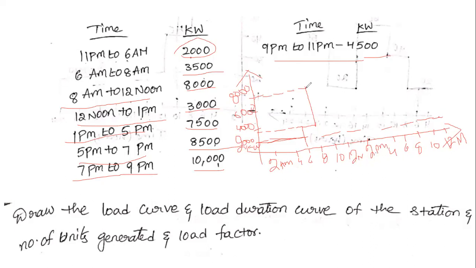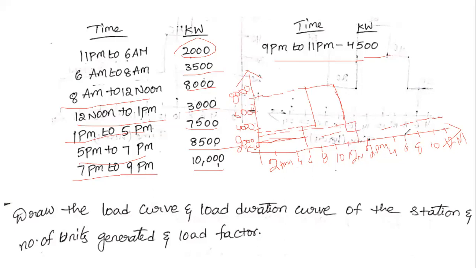Next, 12 to 1 p.m. is 3000. 12 to 1 p.m., that is 3000.